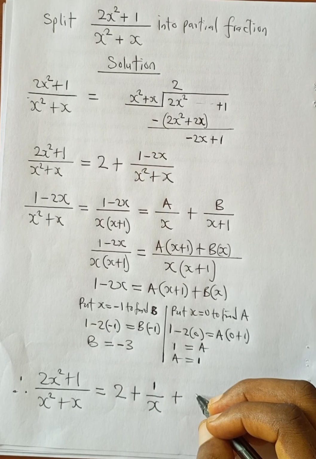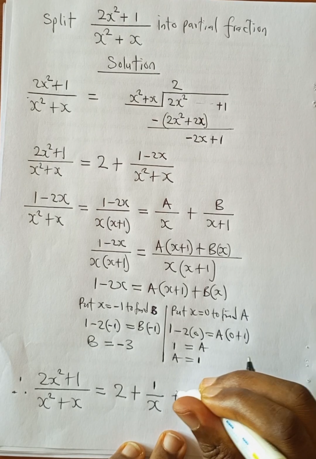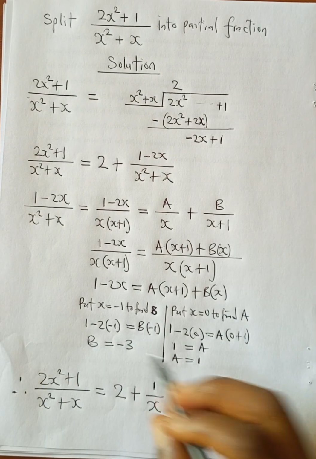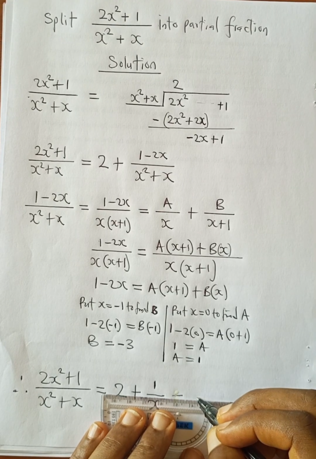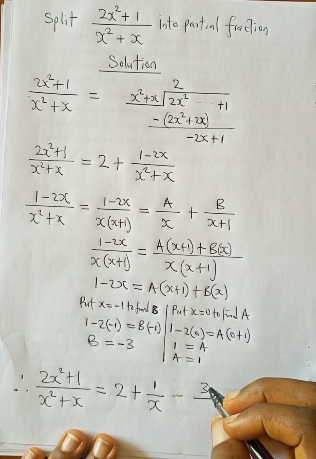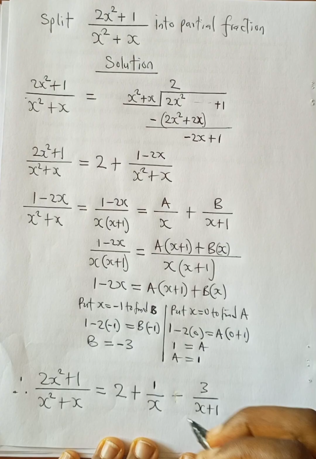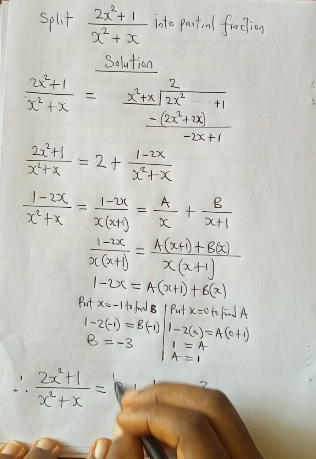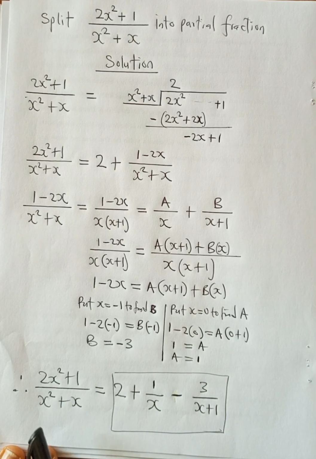What is b? B is minus 3. Since b is minus 3, here cannot be plus again. So here has to be minus 3 over s plus 1. So this side now is the solution, or is a partial fraction of this part.